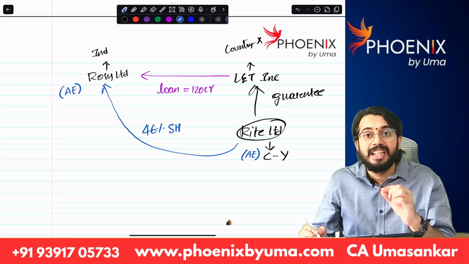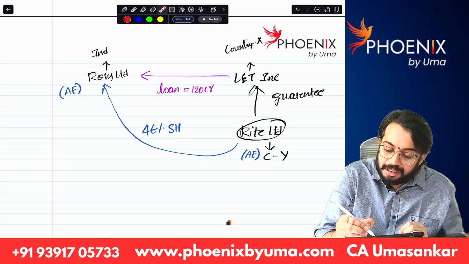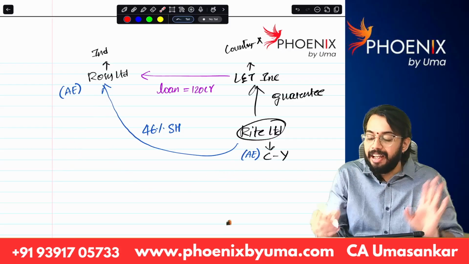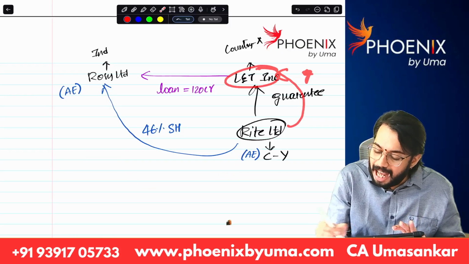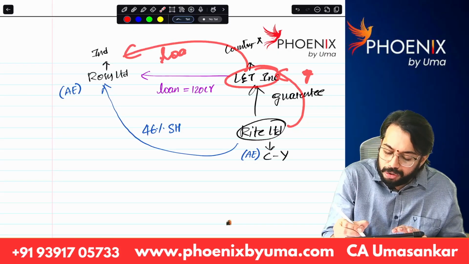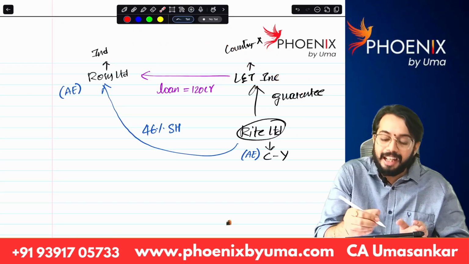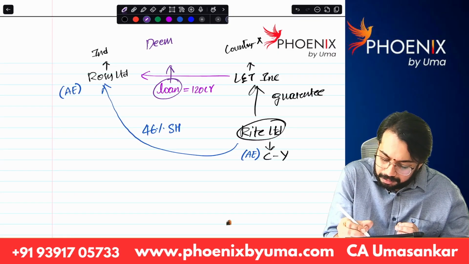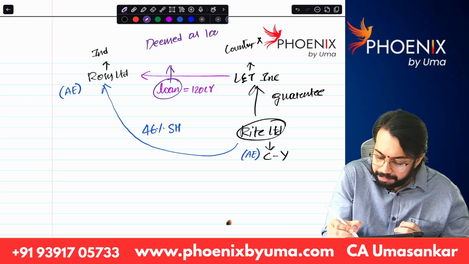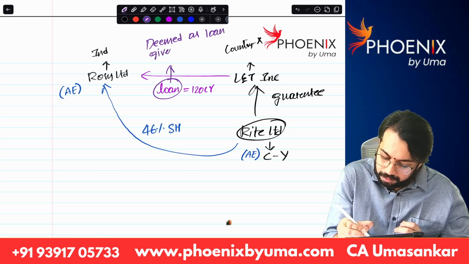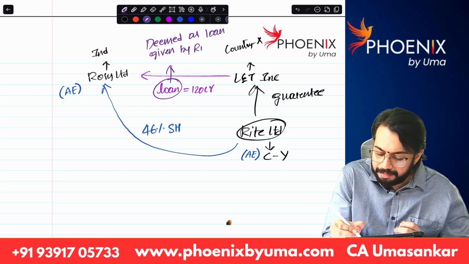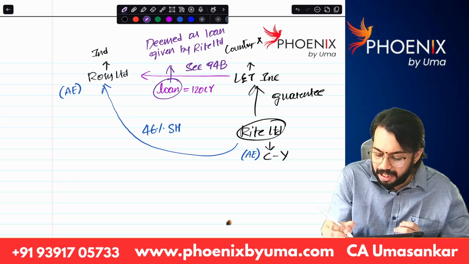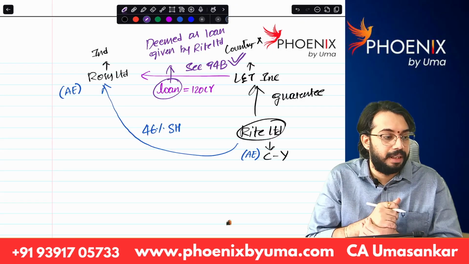Whether Right Limited is directly giving loan, is it directly giving loan? No, it did not give loan directly. It gave guarantee. Based on that guarantee, L&T Inc gave loan to Rosie Limited. Are you able to understand? In this case, whatever the loan given, that will be deemed as loan given by Right Limited, and section 94B is applicable. Are you able to understand? Section 94B gets applicable.